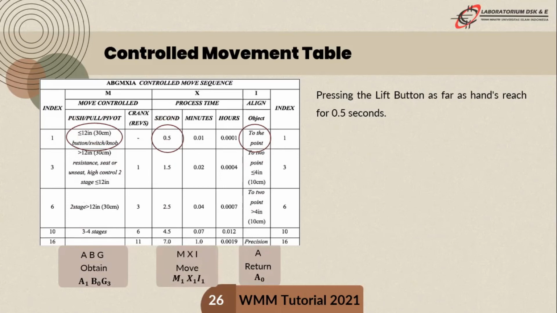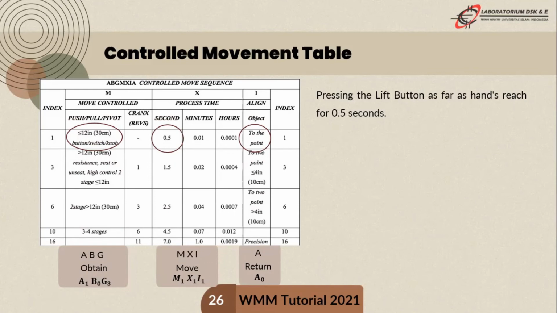Okay, and how about MXI? We can see in the table for M, move control, that the distance is only less than 12 inches or 30 centimeters, so it is determined as 1.